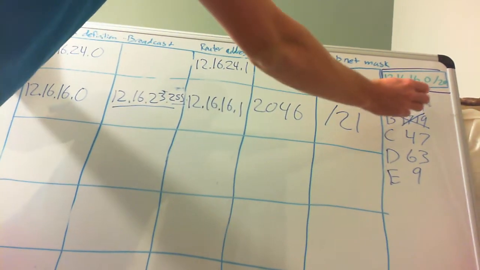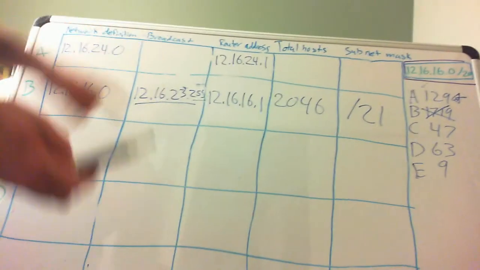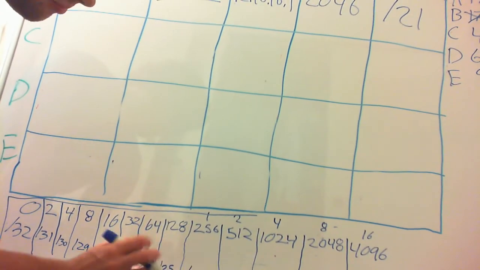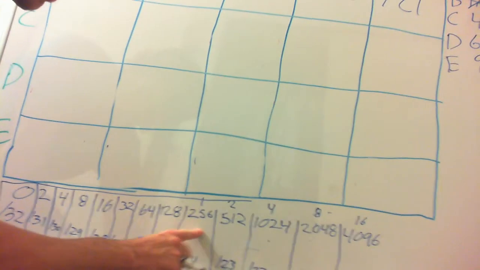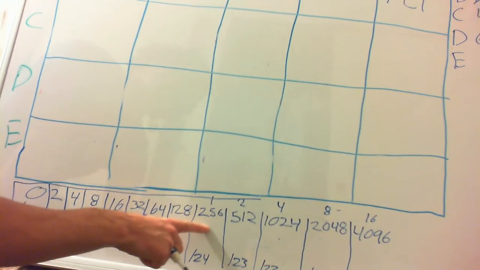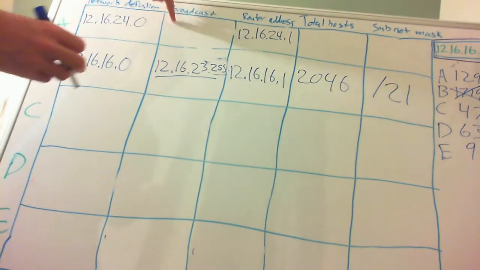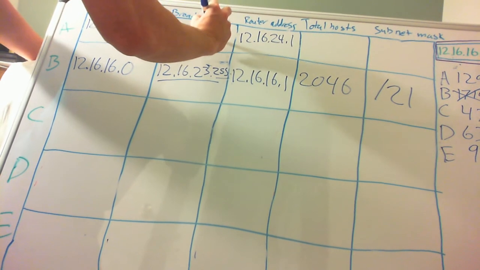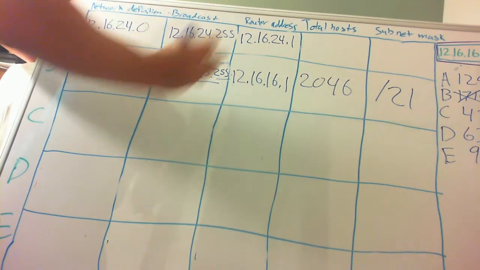And 129. What do we do next for our broadcast? Come down here and look at this. Happens to be one more than 1/2 of a class C, so we have to go up to a whole class C. So that makes this 12.16.24.255.